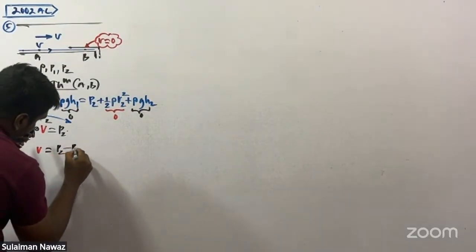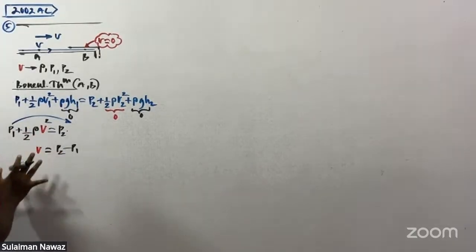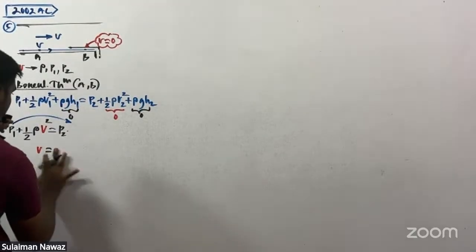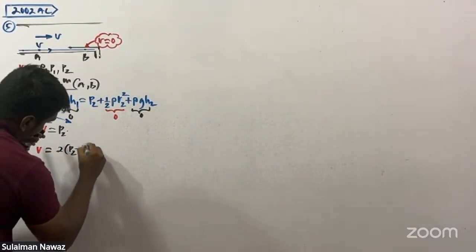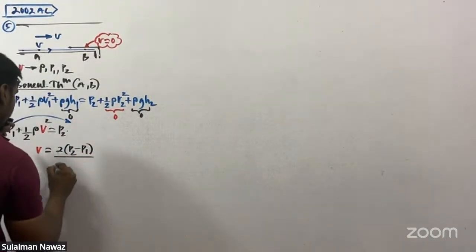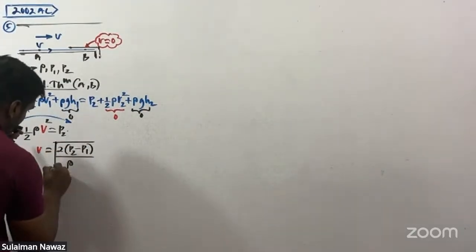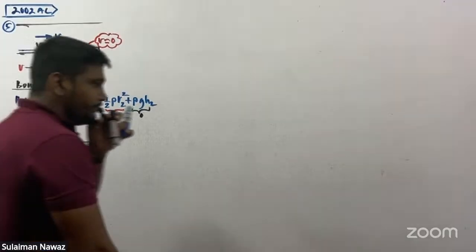If you make V the subject, V equals the square root of 2 times P2 minus P1 over the density rho. This is the answer to this question.